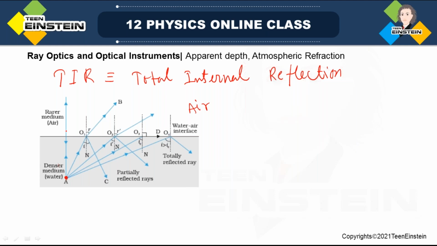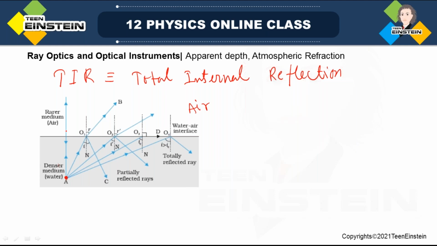So if you go like this, see, like Snell's law, sine i by sine r is the refractive index of the medium. This is a constant quantity, depending on the medium and not on the angle of incidence.